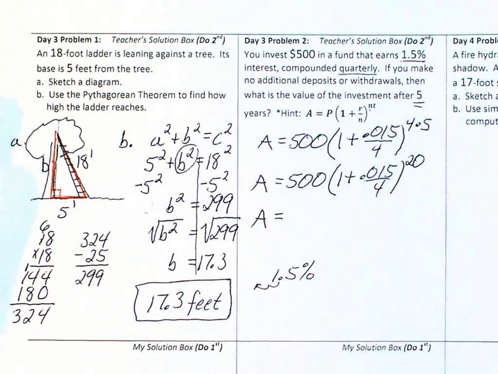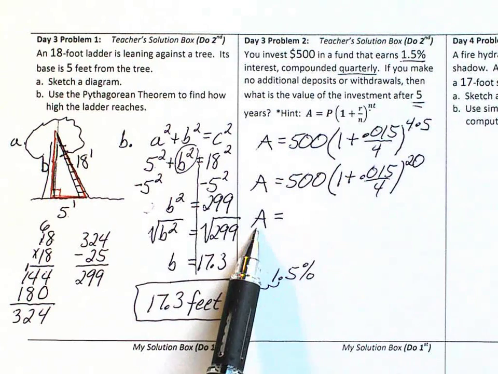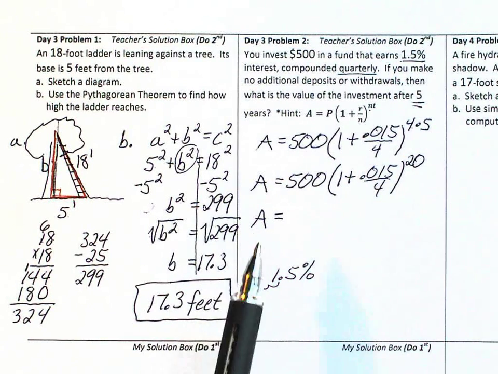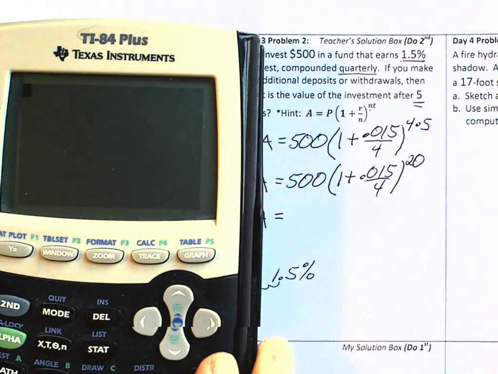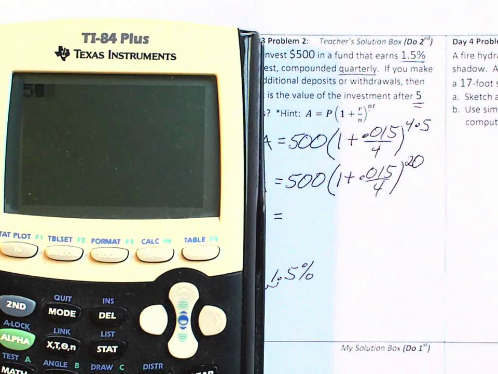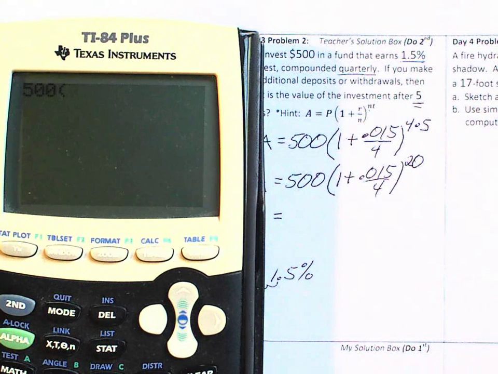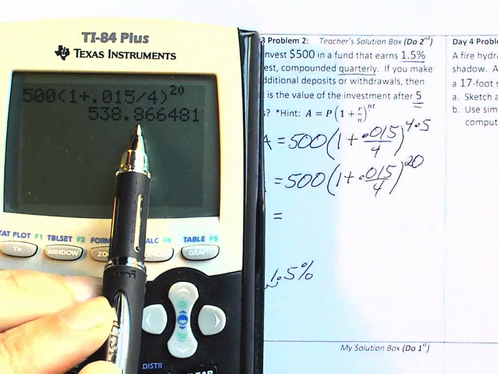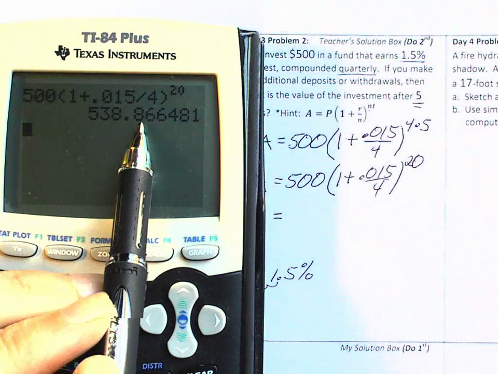And so with the calculator, we can find the amount of money that our investment is going to be worth. So 500 times, in parentheses, 1 plus 0.015, divide by 4, close up the parentheses, exponent 20. $538, and now let's decide how to round our cents here.